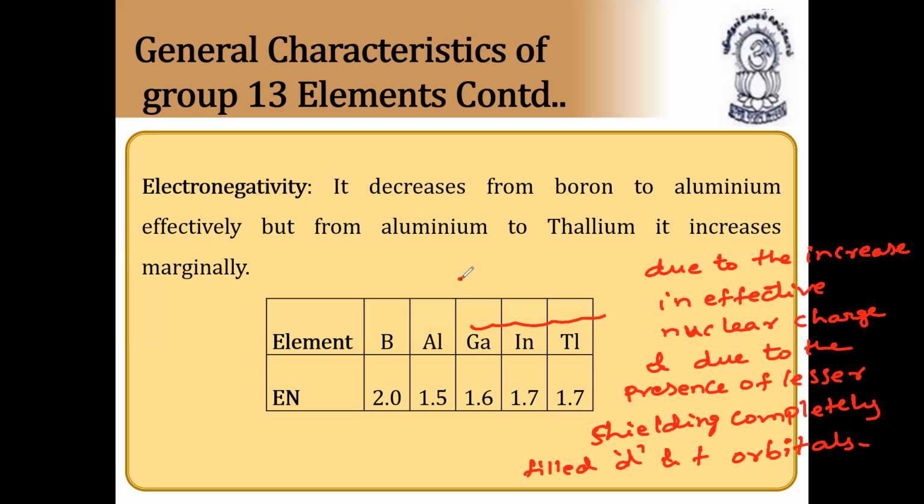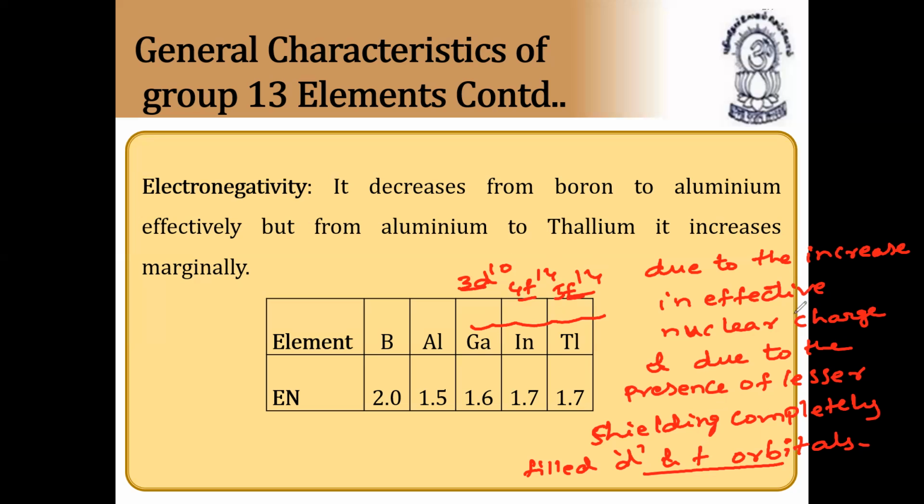In gallium, we have the 3d10 configuration, in indium 4d10, and in thallium 4f14 and 5d10 configurations. Due to the presence of completely filled, lesser shielding d and f orbitals, the effective nuclear charge increases.